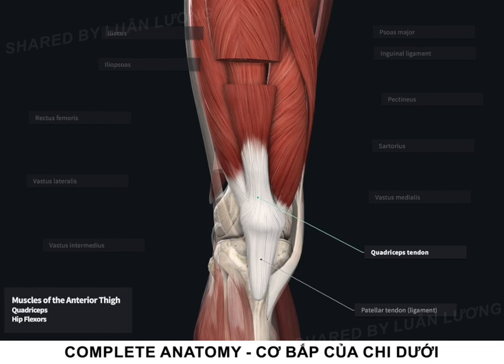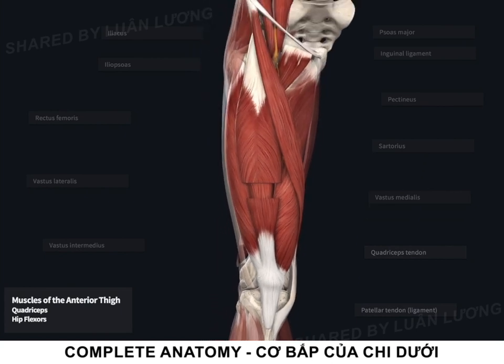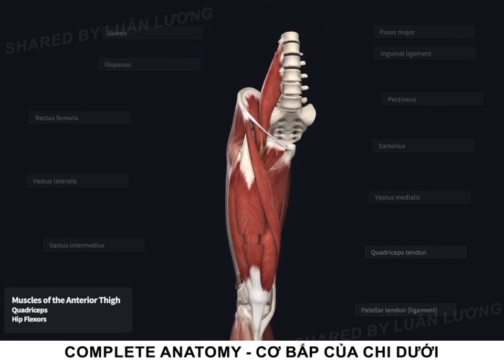So this technically meets both qualifications. It's the continuation of the quadriceps muscles down to the tibia, but it's also the connection between the patella and the tibia. So it technically is both a tendon and a ligament, though they'll often refer to this as a patellar tendon reflex when they're testing the strength of the quadriceps.